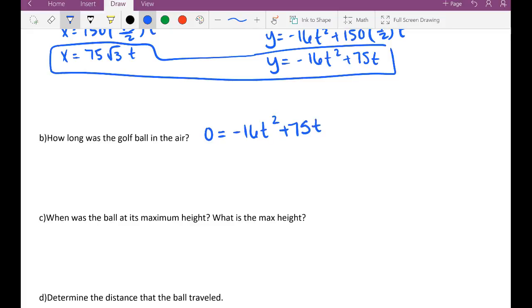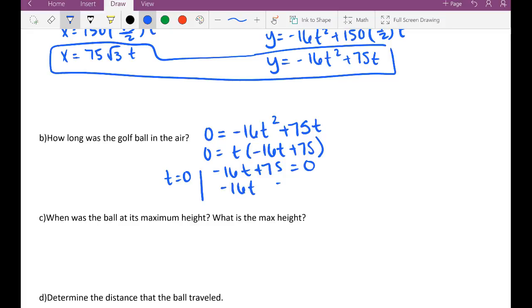So I'm going to factor out your t. So now we have t times negative 16t plus 75. I'm going to take each factor, and I will set it equal to 0. So negative 16t plus 75 equals 0. Negative 16t equals negative 75. T equals 75 over 16, or about 4.7.